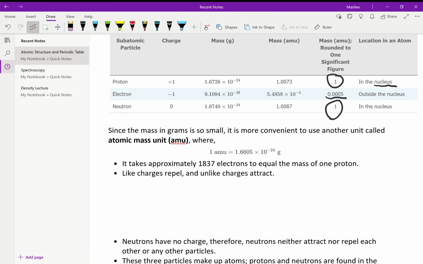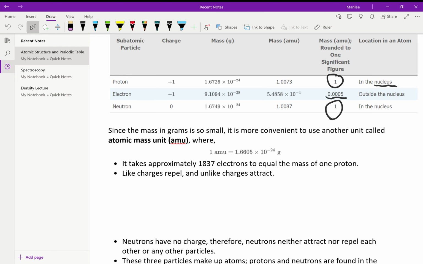Some side note here, it takes approximately 1,837 electrons to equal the mass of 1 proton. So you can kind of visualize that a proton is extremely bigger than an electron. Another note here says that like charges repel and unlike charges attract.